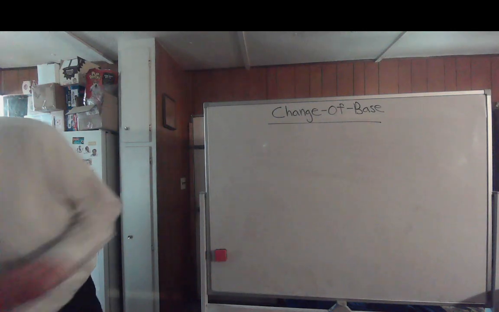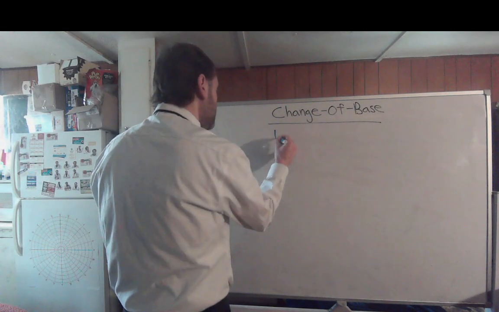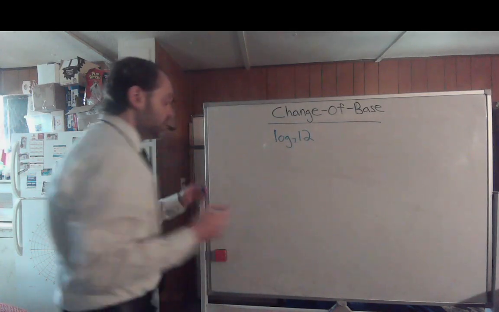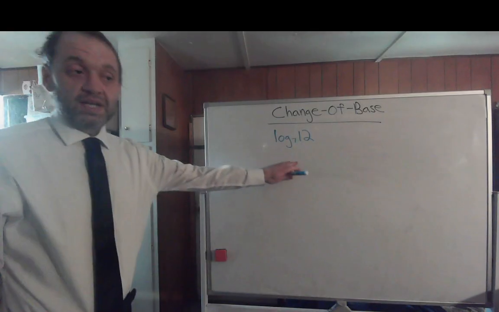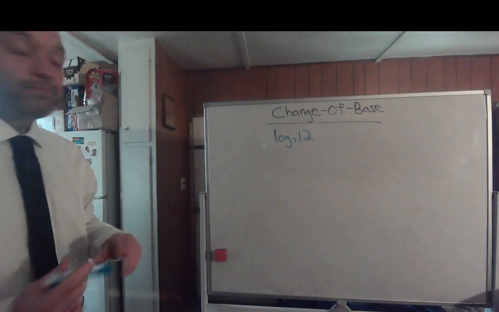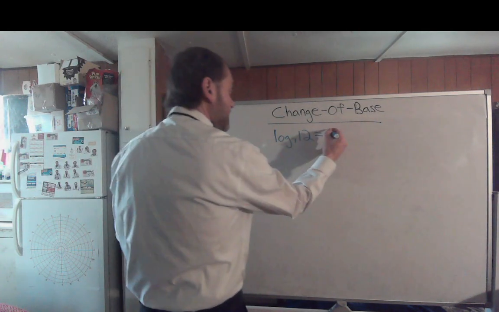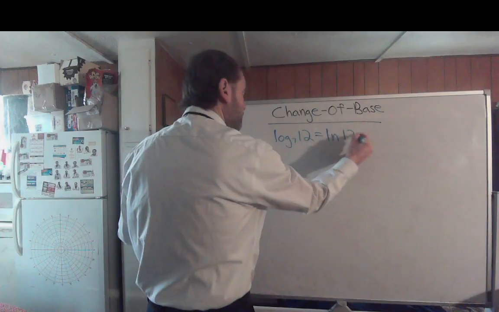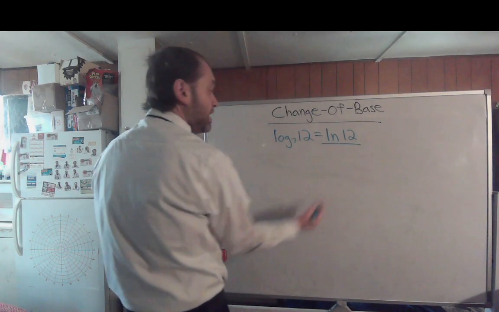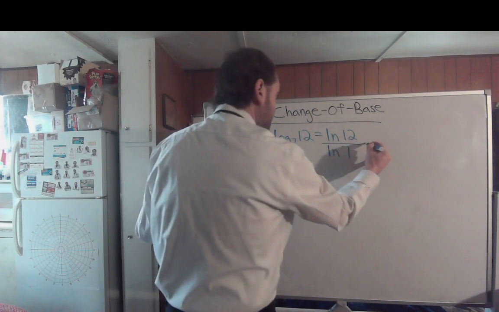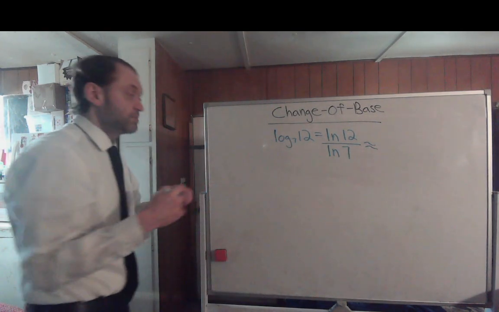But okay, so we have log base 7 of 12. So we're going to solve for log base 7 of 12. Well, using the change of base formula, we can take the natural log of 12 and divide that by the natural log of 7, and now we can get a 3 decimal place approximation.